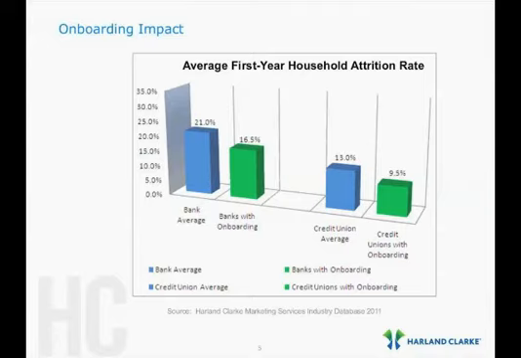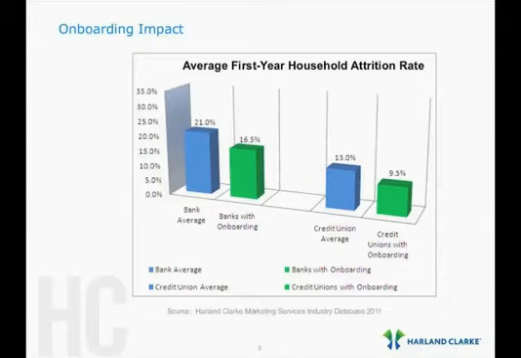Compare this to banks. Their average first-year household attrition stands quite a bit higher at approximately 21%. However, for banks executing an onboarding program, their average first-year household attrition rates average between 16 and 17%.